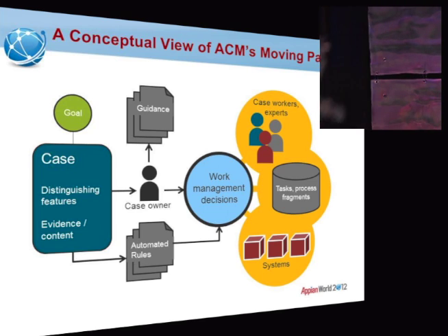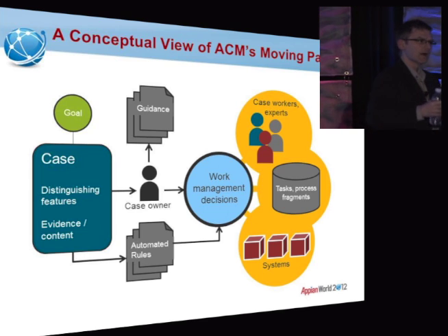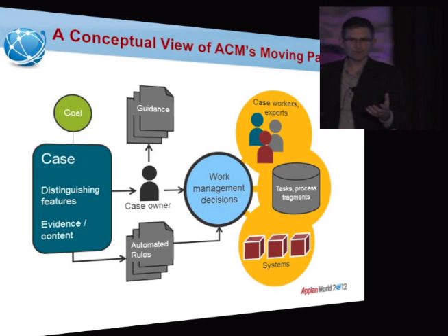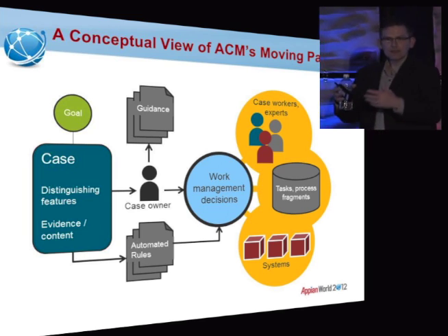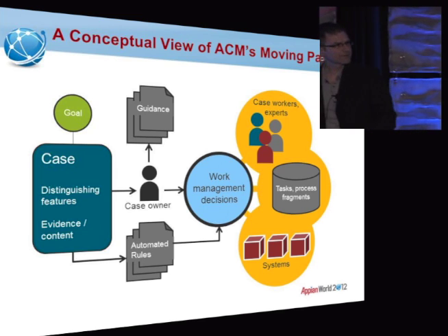So you don't have a prescribed method that is the kind of all-seeing eye that drives everything mechanically forward. What you have is a series of intelligent elements that together help to drive work management decisions. And then supporting those work management decisions is a group of caseworkers and other experts you might pull in to do particular kinds of work.